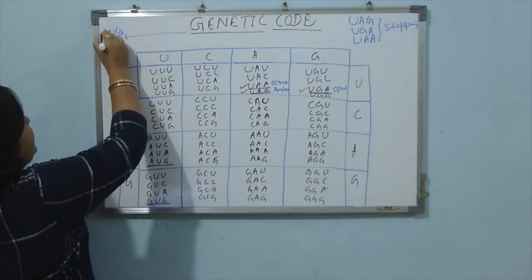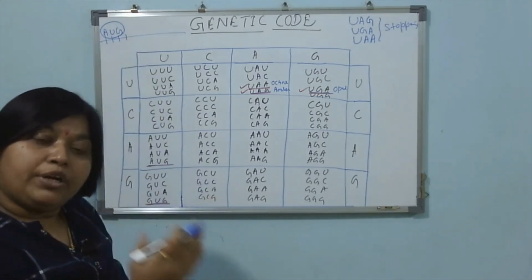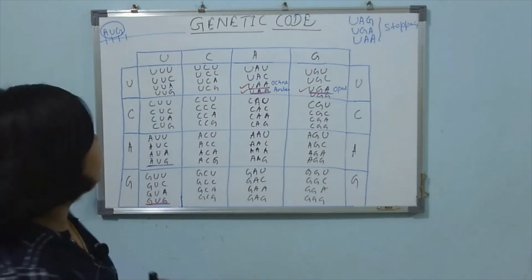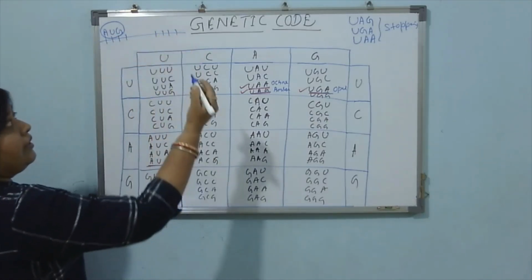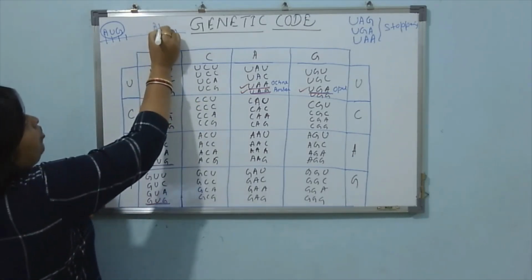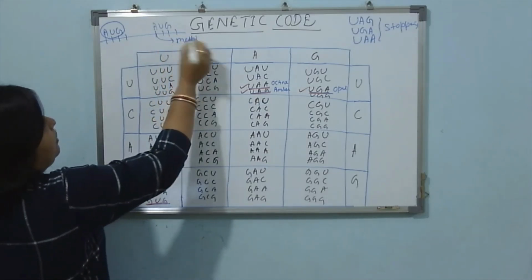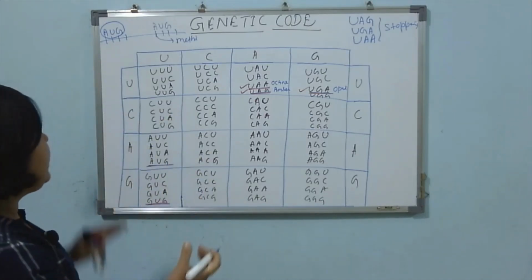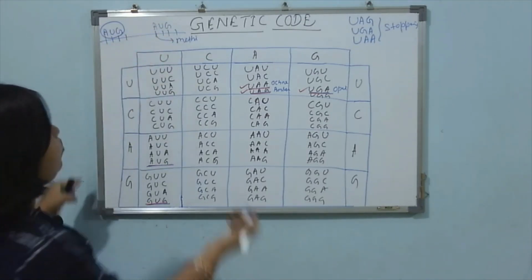When it is present at the initial end of the mRNA, protein synthesis will occur from there onwards. Suppose this AUG is present in between in this mRNA. Then this AUG will code for methionine. When it is present at the initial end of the mRNA, it will act as the initiation codon. If it is present in between, it will code for methionine.